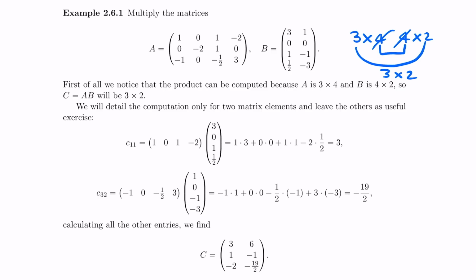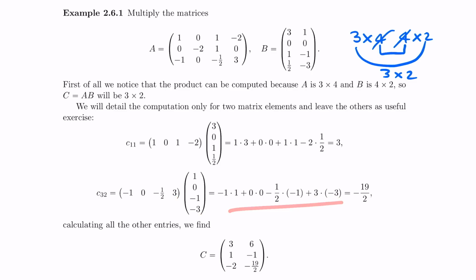If instead you consider the entry C32, then you have to consider the third row of A, there it is, and the second column of B. There it is. Again, minus 1 times 1 plus 0 times 0 plus minus 1/2 times minus 1 plus 3 times minus 3.